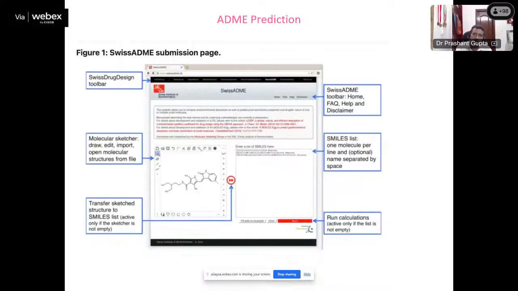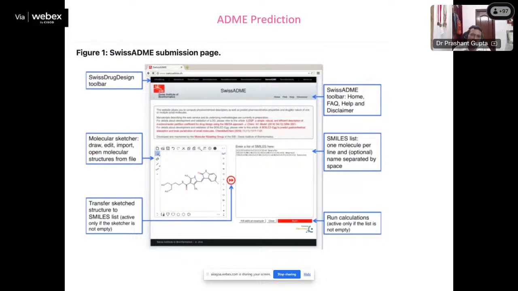Among them we'll discuss a few things with you. Although this session is not a hands-on session, if you are seeing it on a computer, you can parallelly open a screen where you can type SwissADME. Those who can do it, please do.